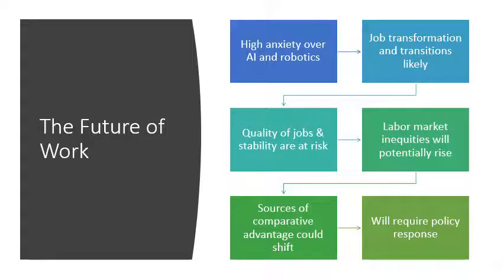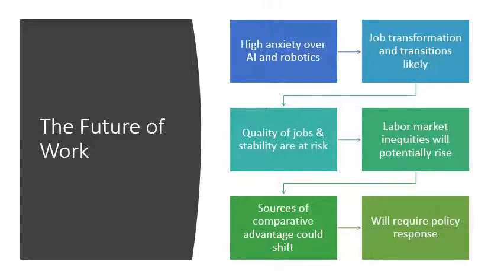In the 1960s, Kennedy created an Office of Automation, and its goal was to maintain full employment at a time when automation was replacing workers. So this fear of robots coming and taking our jobs is certainly not new. And in the 30s and the 60s, employment has continued to expand. So we'll see what happens this time around.